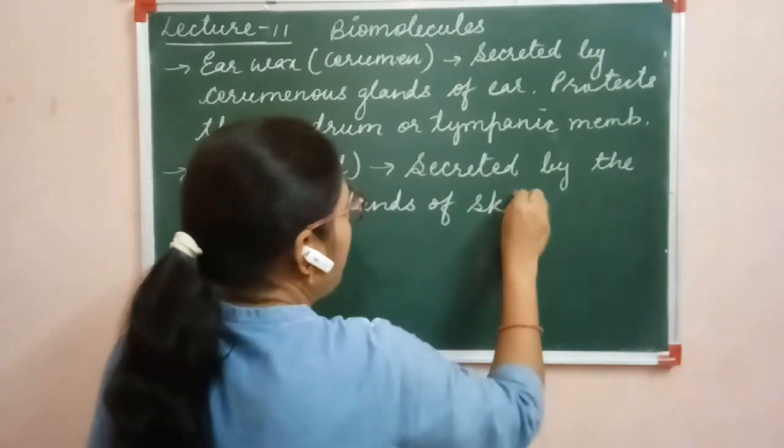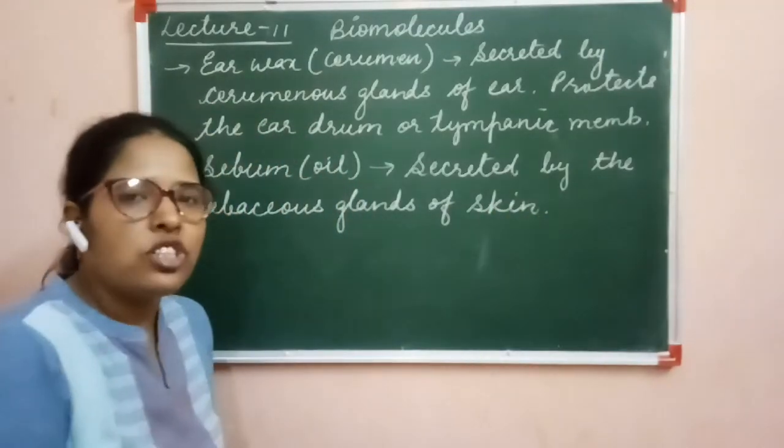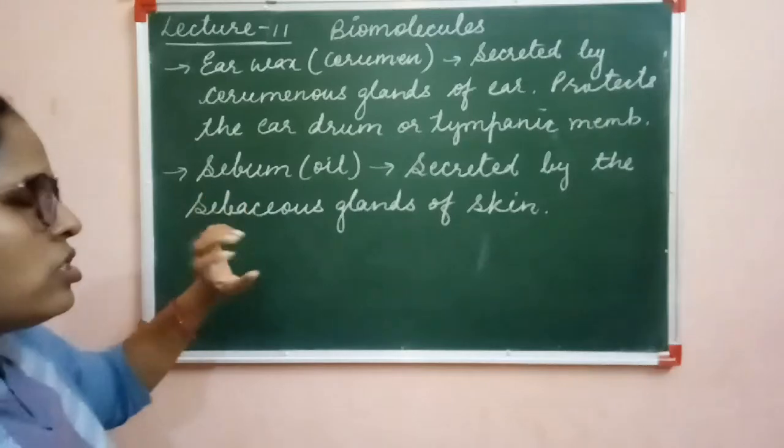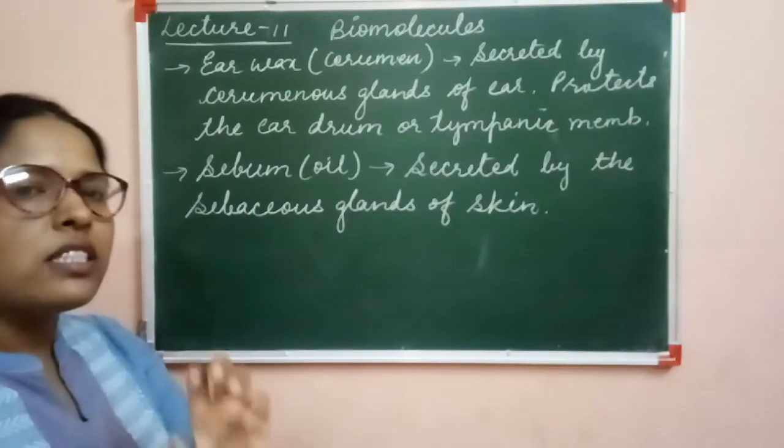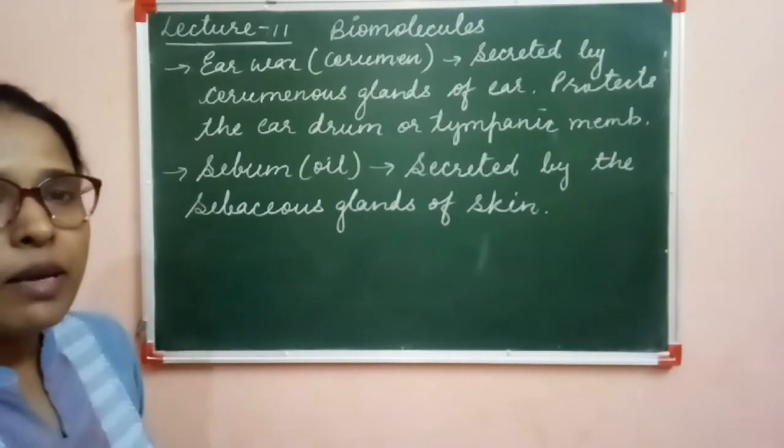Basically, these glands are more active in the facial region, and they secrete a type of oily substance that is called sebum.